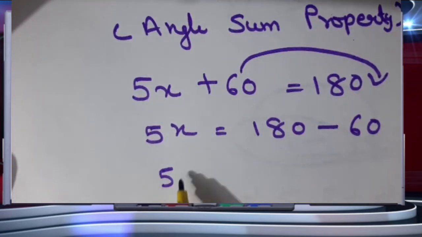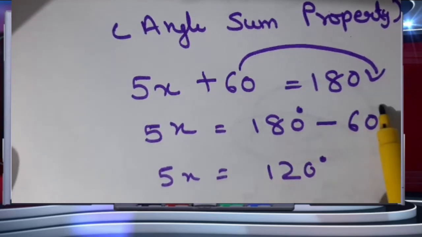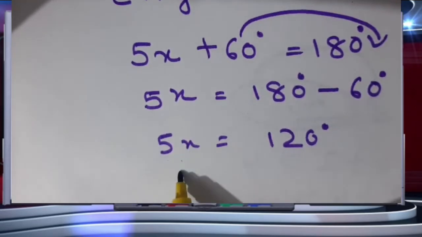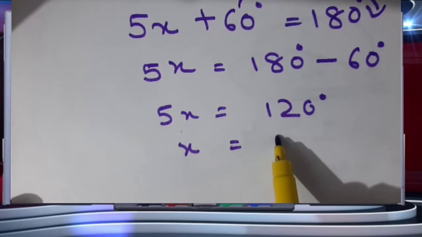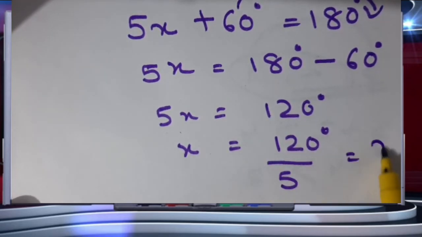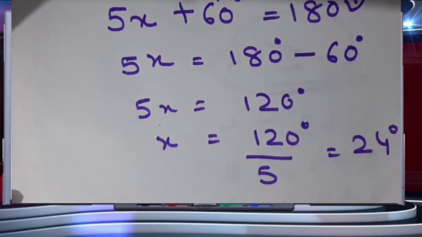So now 5x is equal to 120 degrees. Now you have to find out the value of x. So x is equal to 120 degree by 5, which is 24 degree. So the value of x is 24 degree.